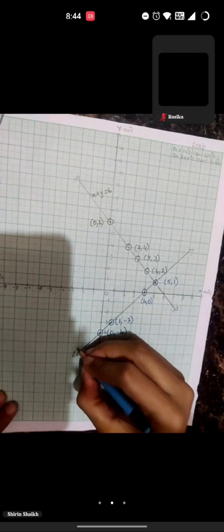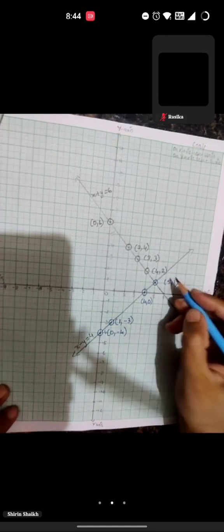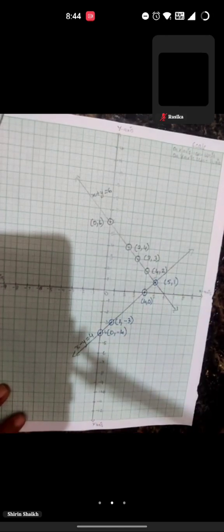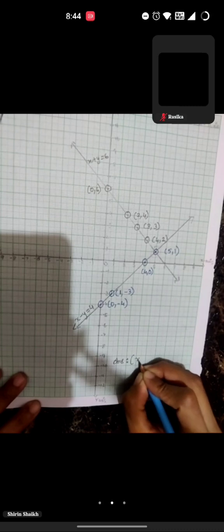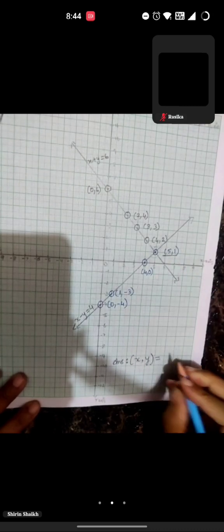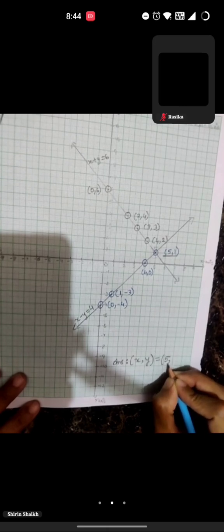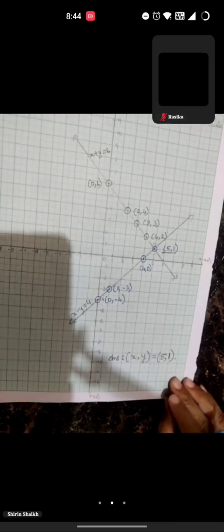And this is the line for the second equation, and where the lines are meeting, that is my answer. So what is my answer or solution? Where are they meeting? At 5, 1. So x is 5 and y is 1 is the solution for this graphical simultaneous equation.